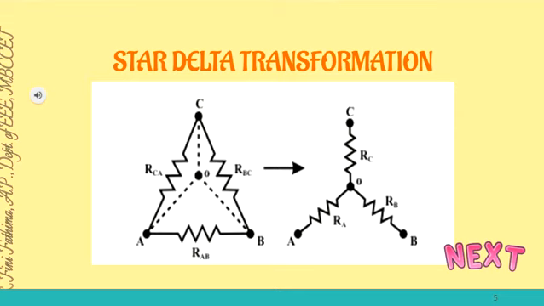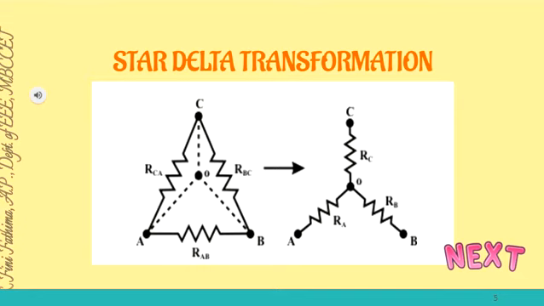So RAB, RBC and RCA correspond to the resistances in the delta connected circuit, while RA, RB and RC are the corresponding star connected resistors. For delta we are using resistance with two suffix letters, that is RAB, RBC, RCA, and for star connection we are using letters with only one suffix, that is RA, RB, RC, and the common point we can denote as 0 or practically we denote it as N for neutral.